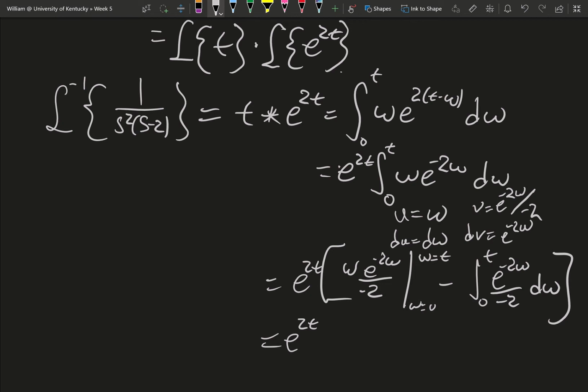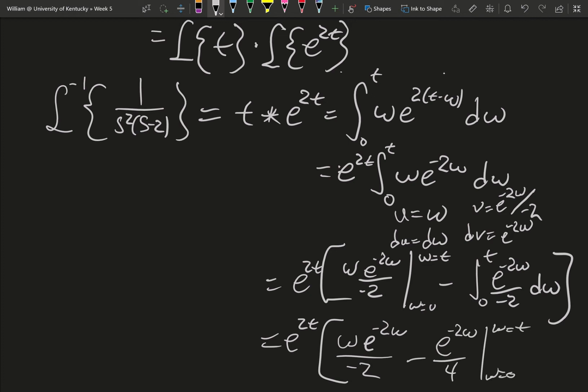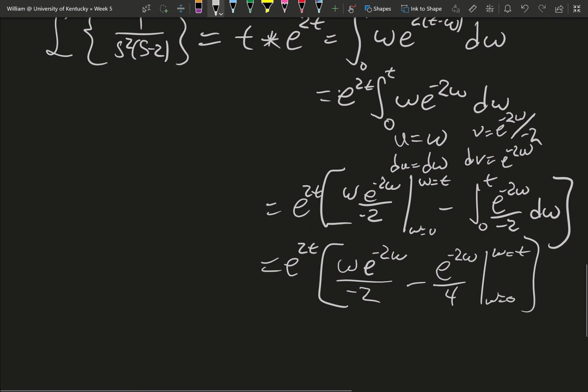We're just going to divide by negative 2 again. And so we'll get w e to the negative 2w over negative 2 minus e to the negative 2w over 4, from 0 to t.